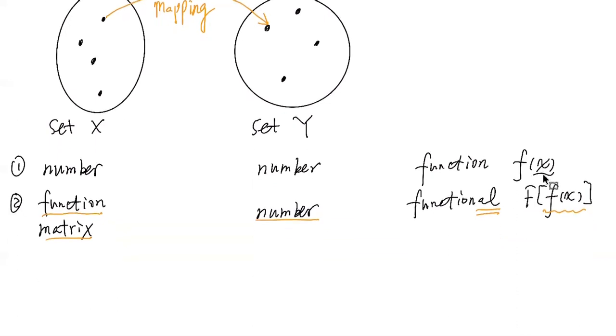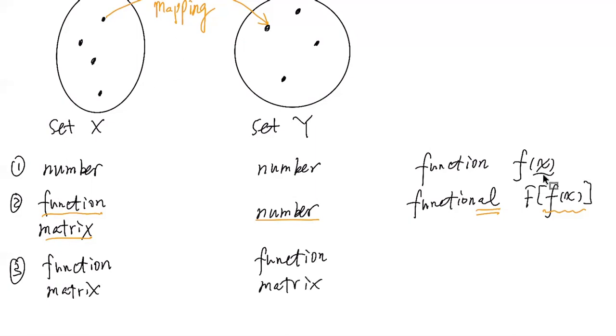So more generally, I think the most general way is, let's consider set X to be a function set or matrix set, and set Y can also be a function set or a matrix set. In this case, this is definitely much more general because a function can include a number. If this function is a constant number, then this is a constant function, right? So this case 3 is much more general.